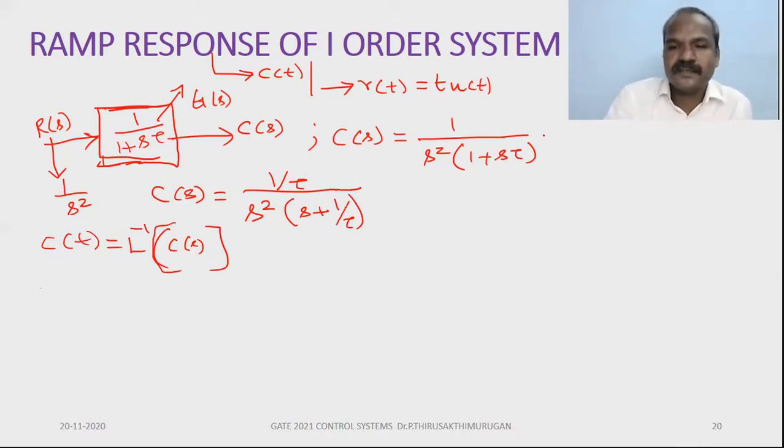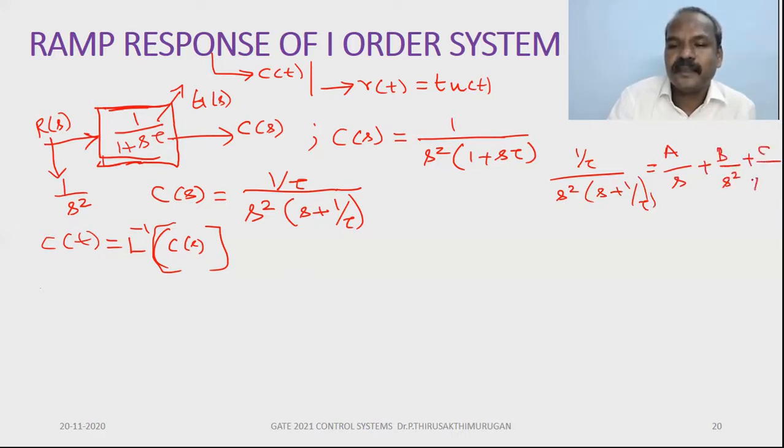So 1 by tau s square, s plus 1 by tau equal to, for the s square factor, say A by s plus B by s square plus C by s plus 1 by tau. Am I right or wrong? So now you take LCM for this.